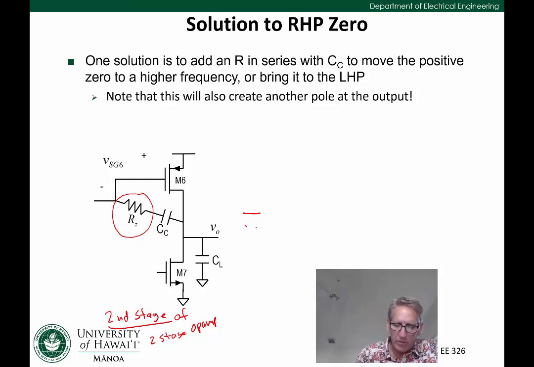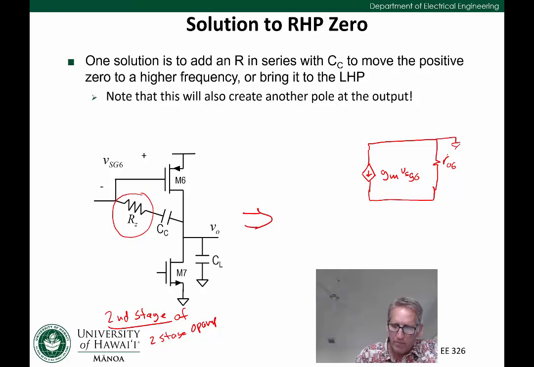All right, so if we wanted to create the small signal model, it would look something like this. We'd have our voltage-controlled current source from M6, which would be GM6 VSG6. It's going to have some RO associated with it, that'd be RO6. This is going to be small signal ground up here.